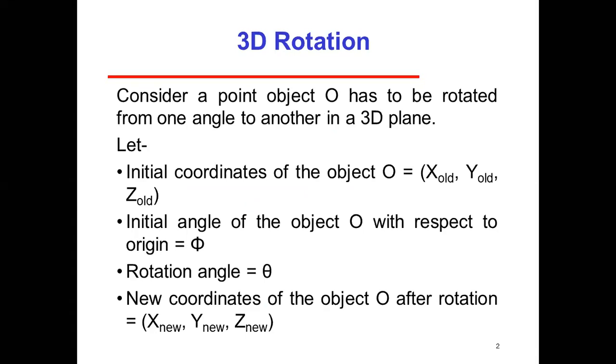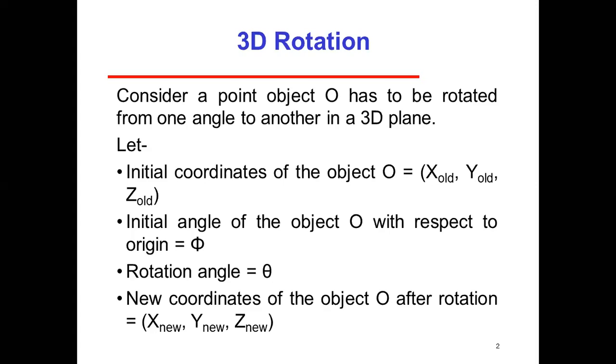Okay. What is the 3D rotation? Earlier we have already seen that we can rotate our object in the 3D plane. So in the 3D plane, it is clear that we must have three axes, that is x-axis, y-axis and z-axis, so that we can rotate the object either along x-axis, y-axis, z-axis. Why are we using the 3D plane? Because in 3D plane, we can see our object from each face.